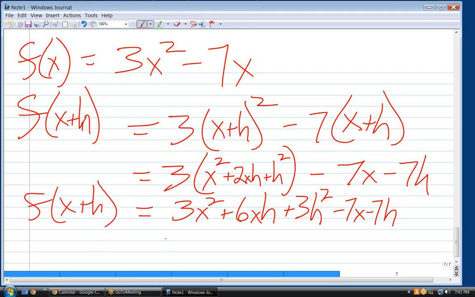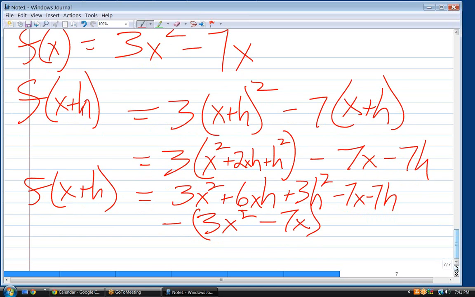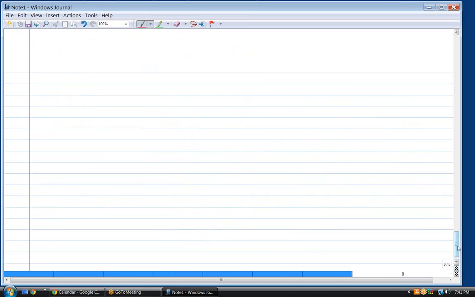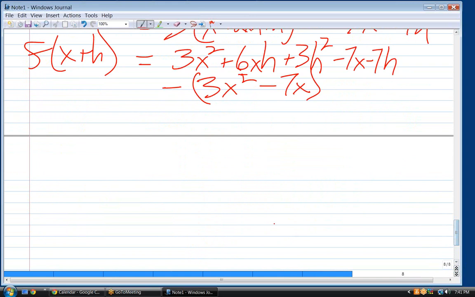And we need to subtract from that f of x, which is 3x squared minus 7x. It's in parentheses because that's f of x. You with me so far? Okay, these always go away.